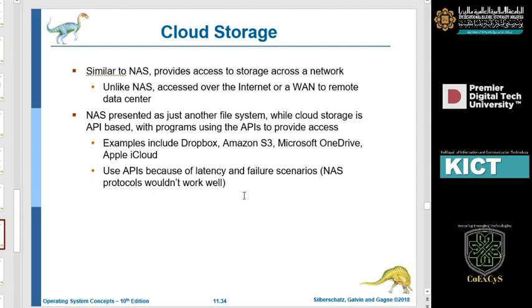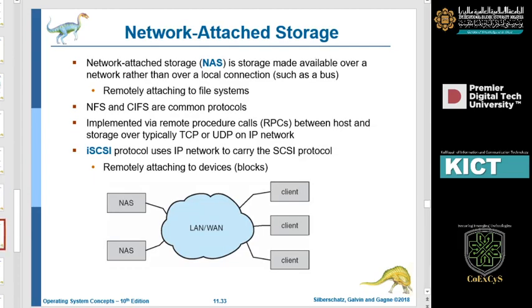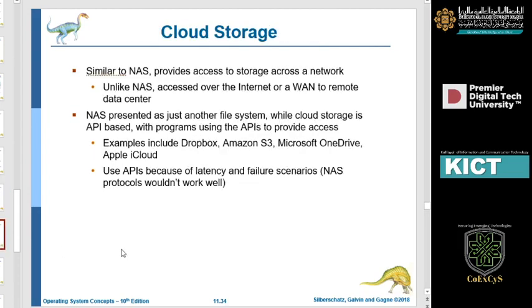Similar to NAS, there is also cloud storage, which provides storage in the network. Unlike NAS, this goes over the internet on the WAN to remote data centers. For example, Dropbox, Amazon, and Microsoft OneDrive are all cloud storage.